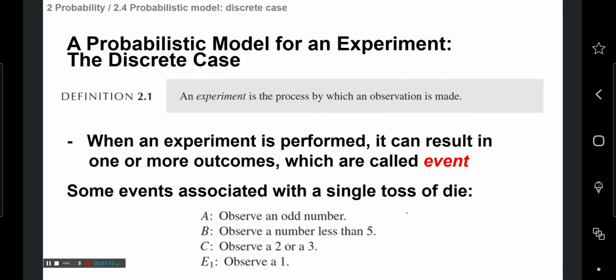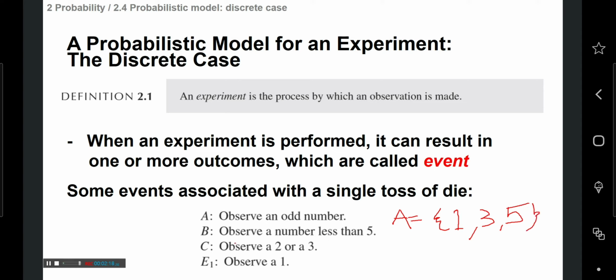For set A, observe an odd number from a die, which are 1, 3, and 5.